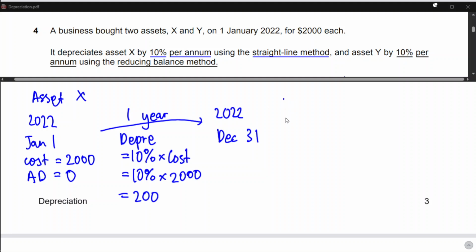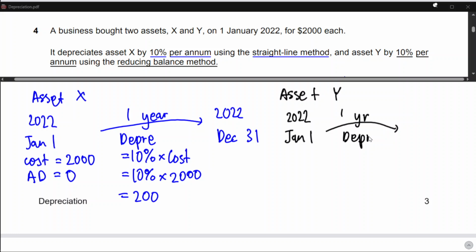Okay. So for asset Y, let's draw along a format. So asset Y is 2000 ish.